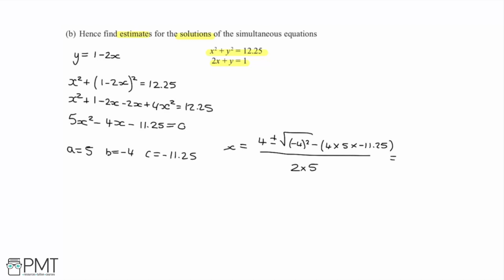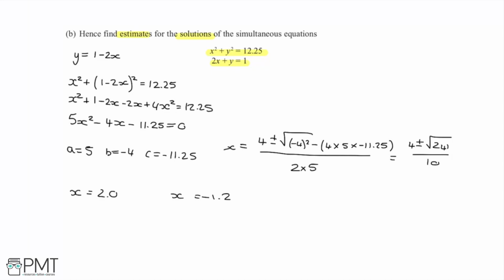And that's going to simplify to an answer of 4 plus or minus the square root of 241 all over 10. So these are going to give me the two possible x solutions here. So if I evaluate this, I'm going to have x is either equal to 2.0 to 1 decimal place, or x is equal to minus 1.2 here.